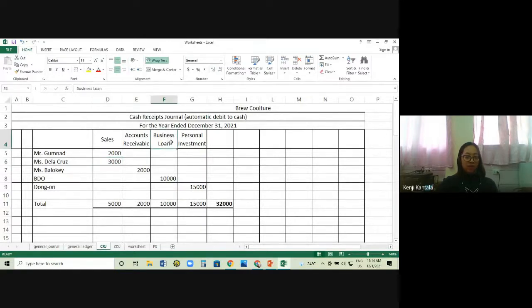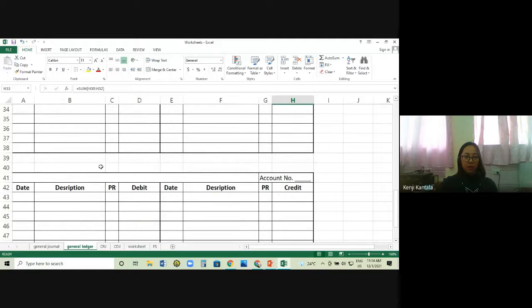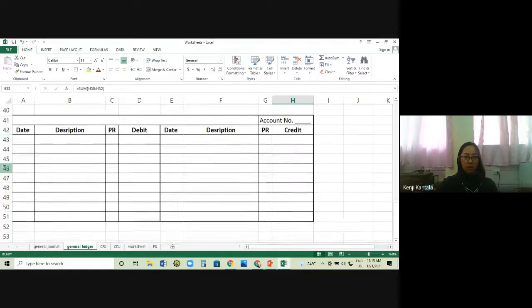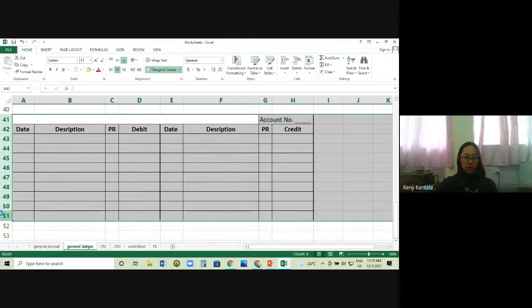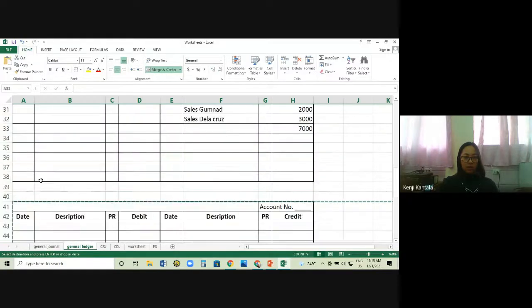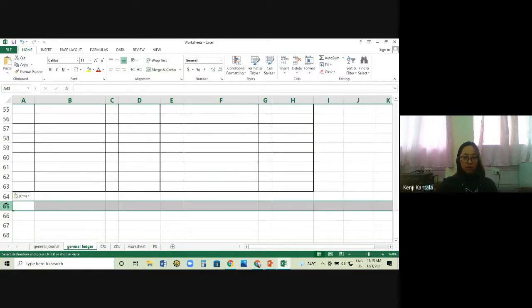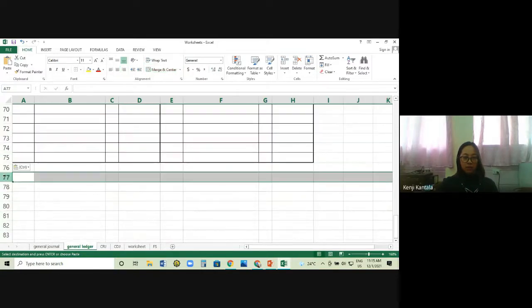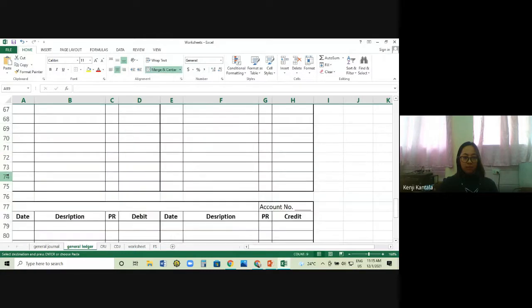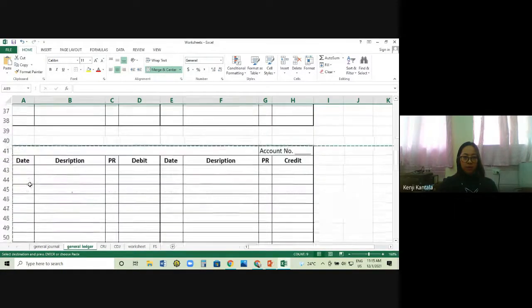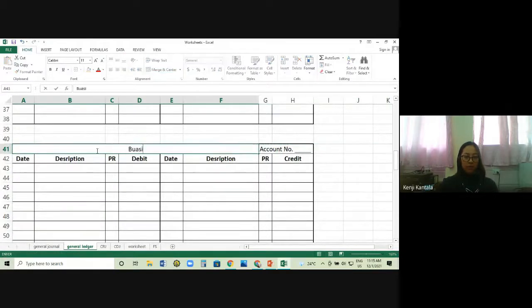So, next, we have business loan. Okay, so balikan ulit natin si General Ledger. We have here business loan. Okay.